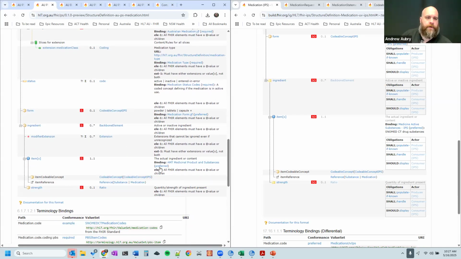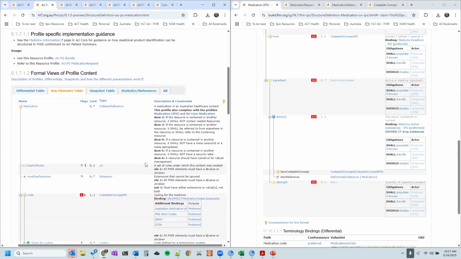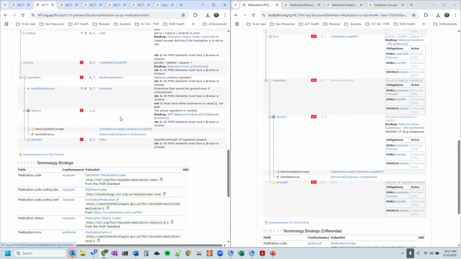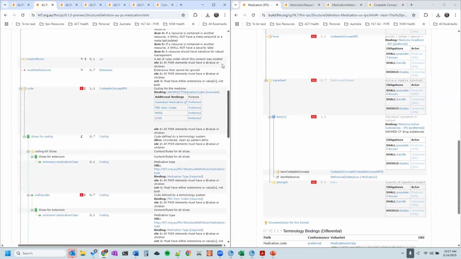The key elements for this do have, yeah, so it inherits the must support for the item, but it is bound. It inherits the must support from IPS, but it is binding preferred to the AMT. Yeah, but it's still only preferred.